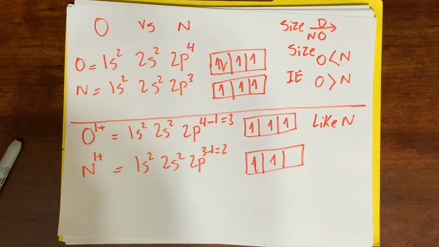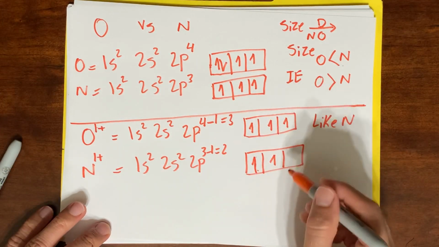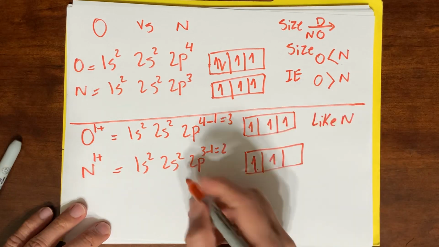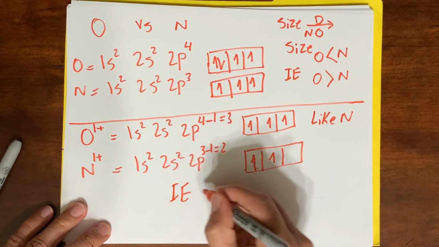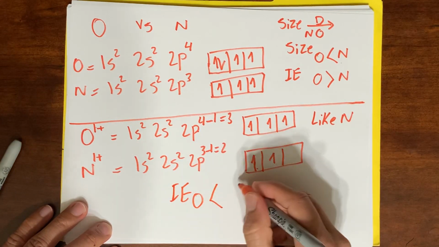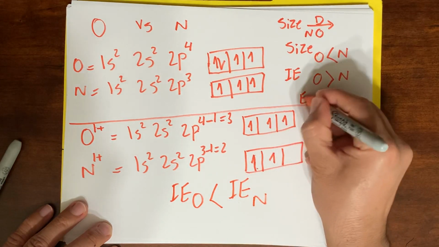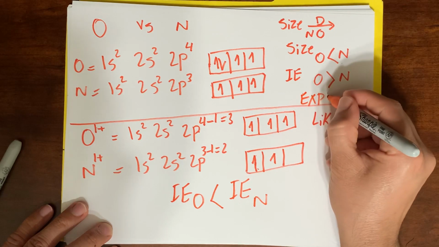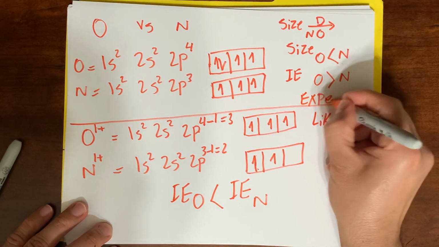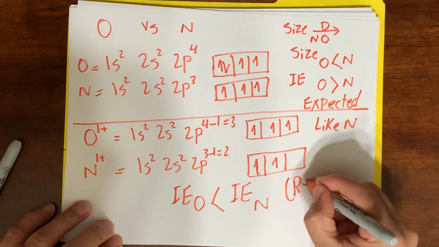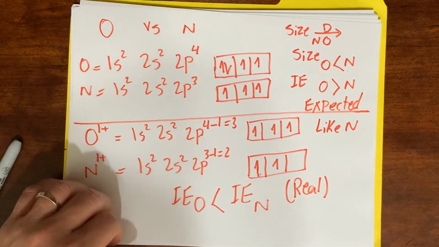Okay, will be less. So I'm going to say because of the stabilization we get, because of the half occupied orbital we get, ionization energy of O in reality is less than ionization energy of nitrogen. This is expected. And this is real one.